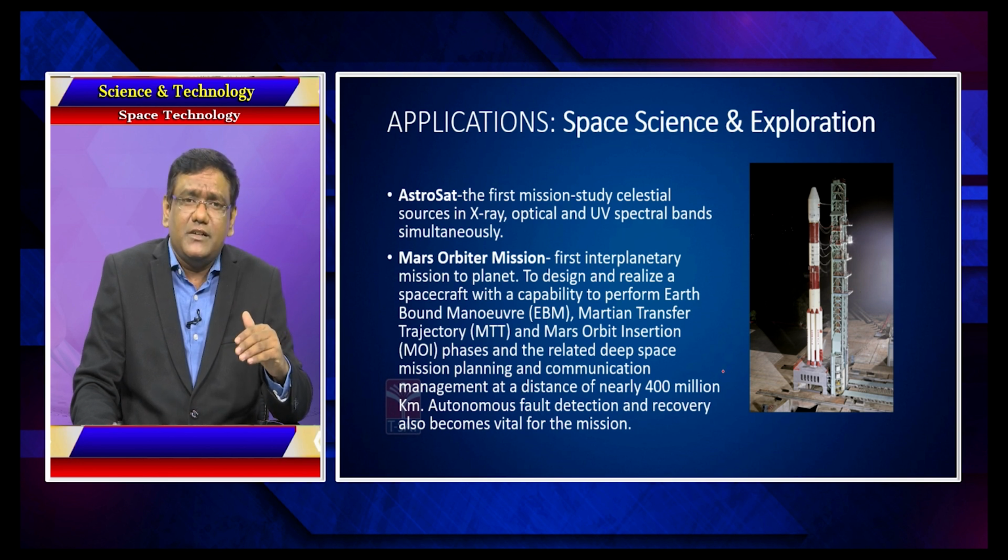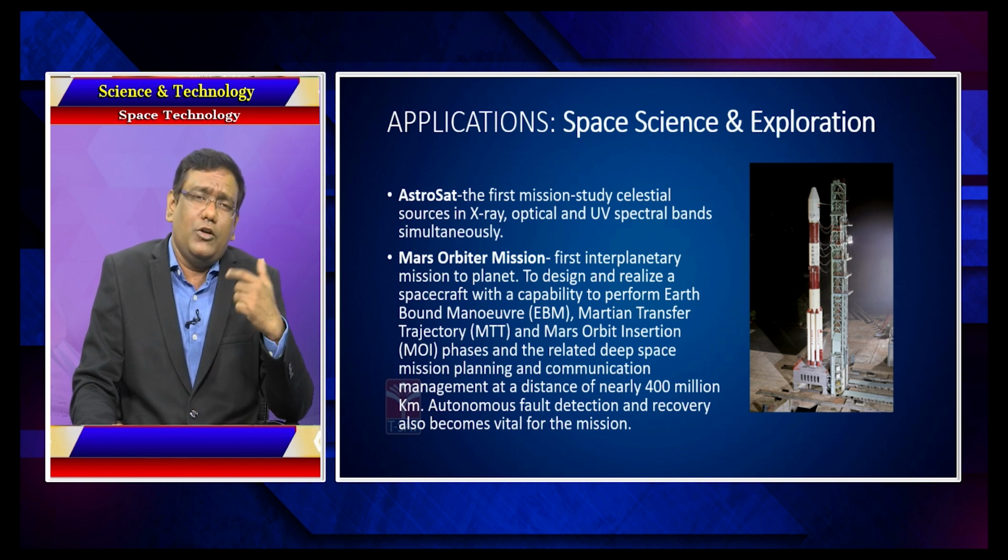Which means that when you send a satellite into space, within the Earth's influence, we have to maneuver the satellite, we have to change the orbital position. In order to do that, all these things are called earthbound maneuvers.